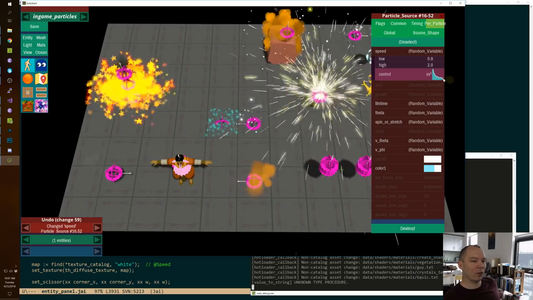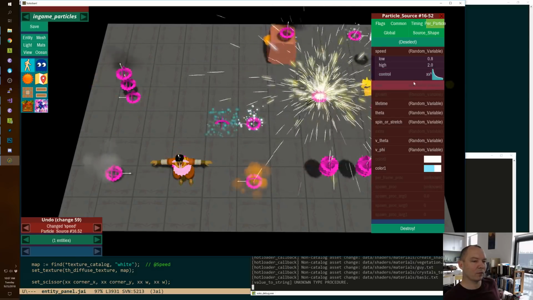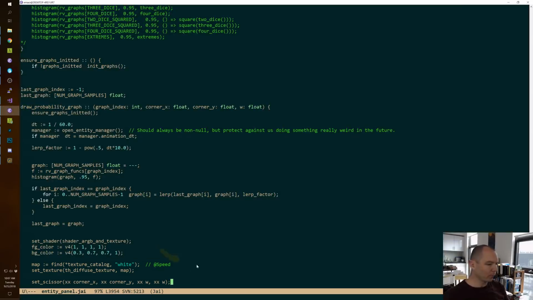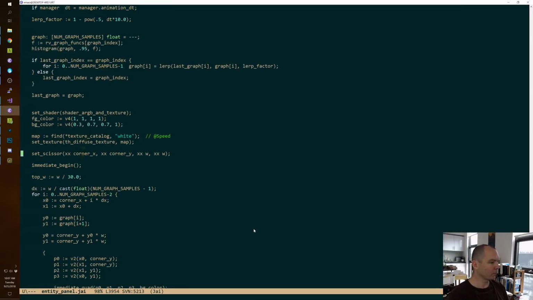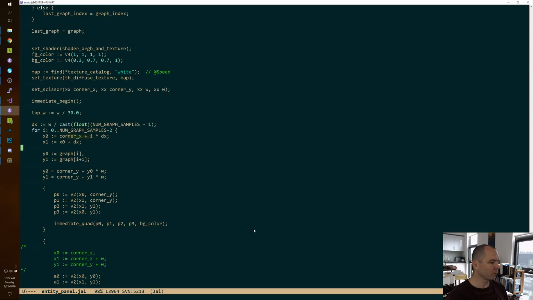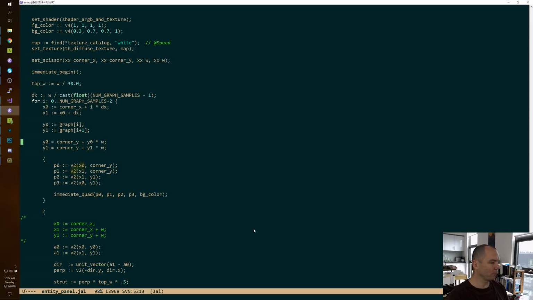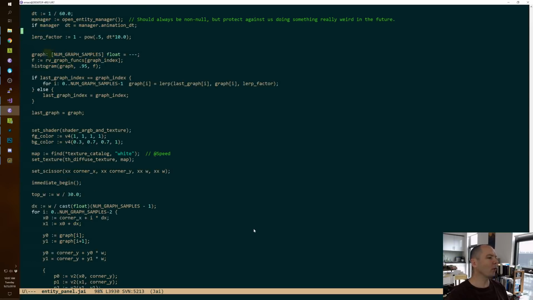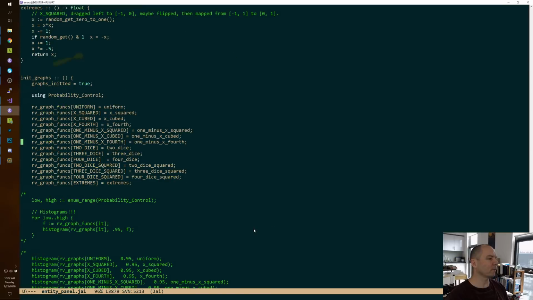We got to fix this thing on the right-hand side. It's weird. That's probably our histogramming. Oh, you know what?